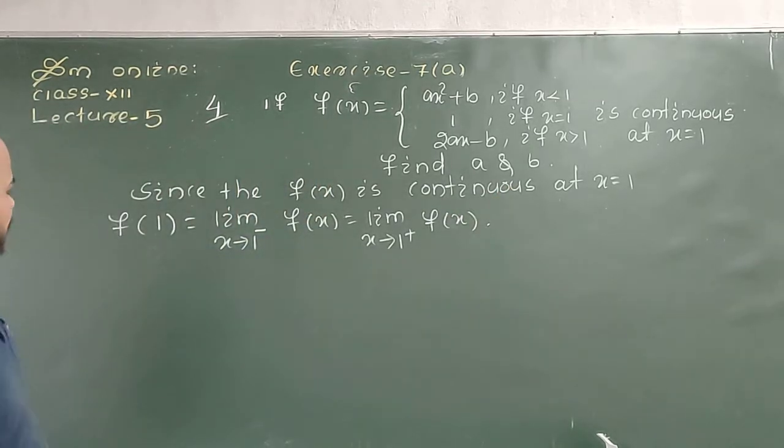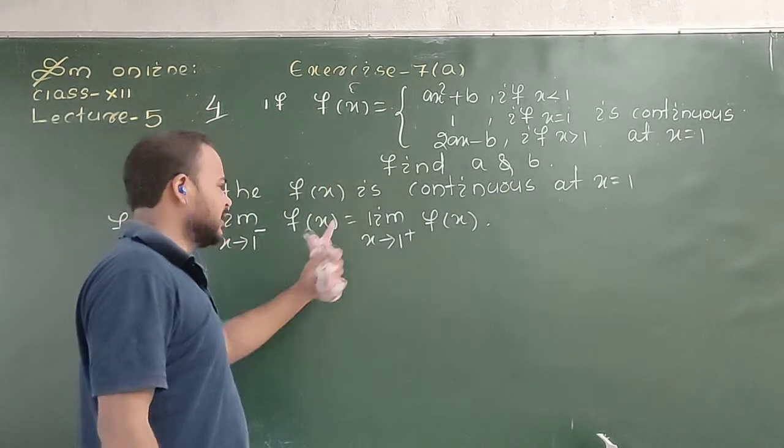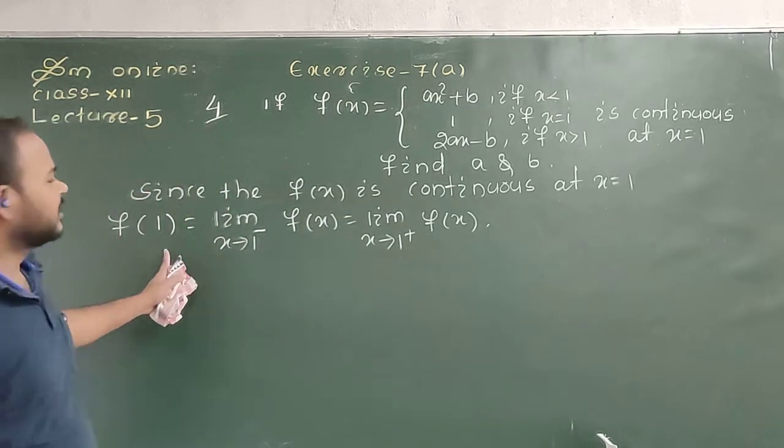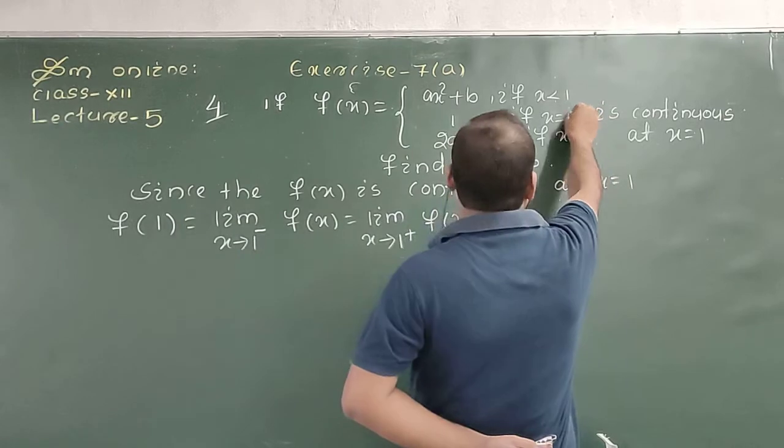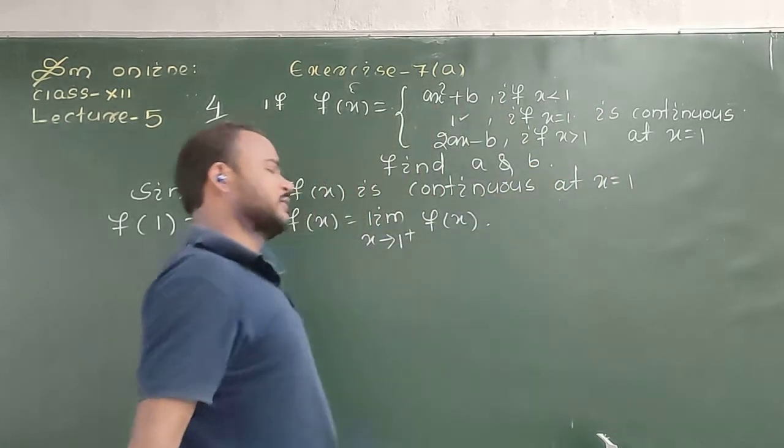So first find out left hand limit, then right hand limit, and the value of the function at x equal to 1 is given as 1.